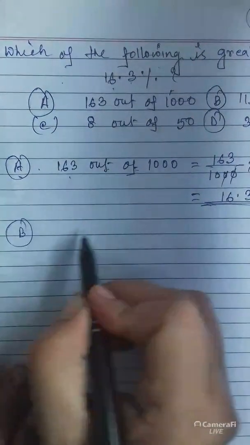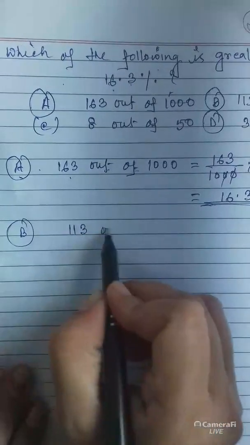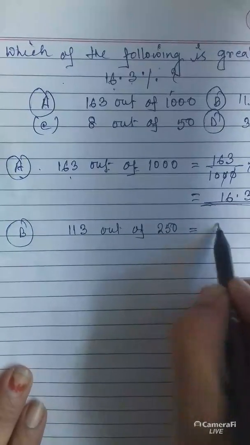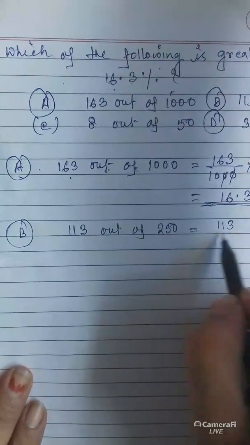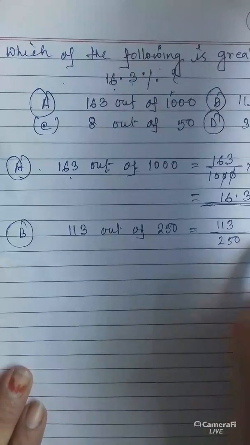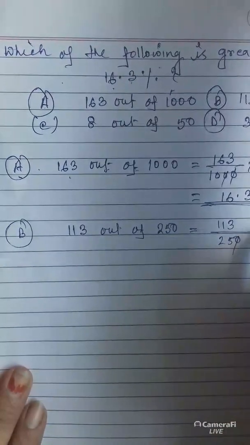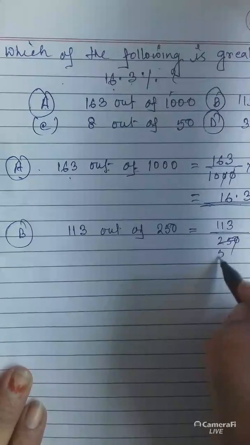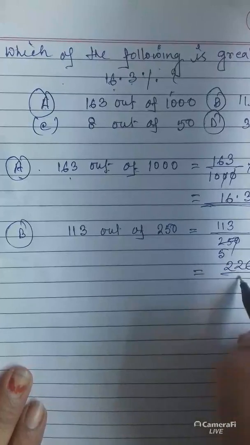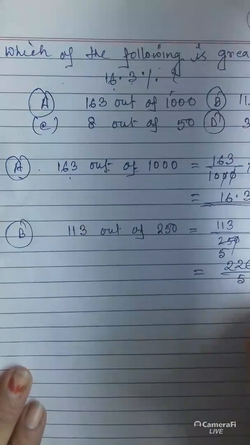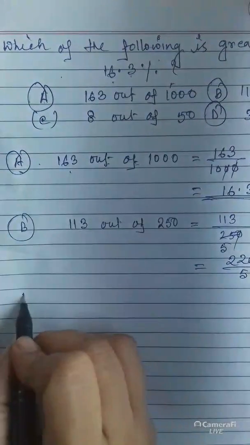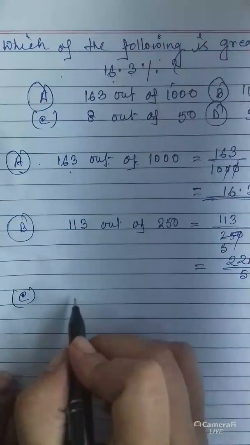Now take option B. 113 out of 250 means 113 by 250 into 100, which gives 45.2%.